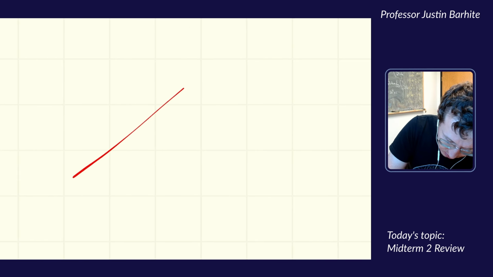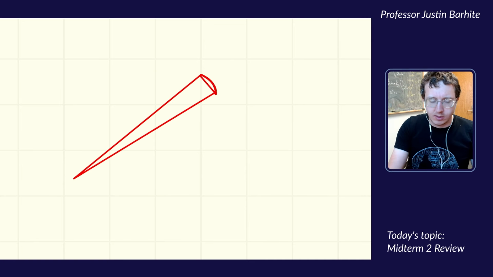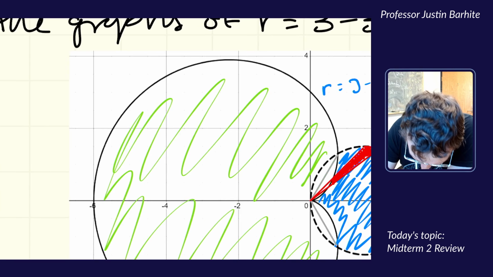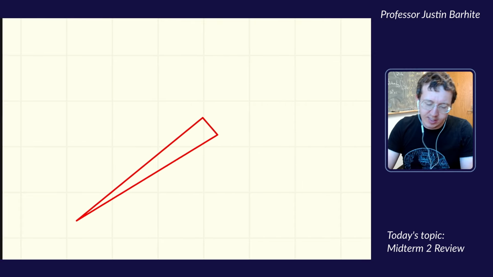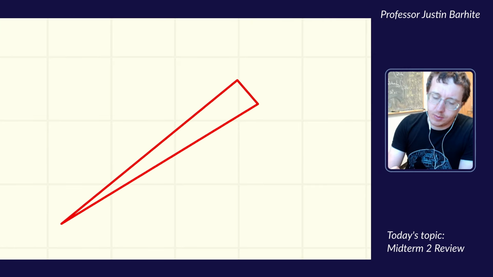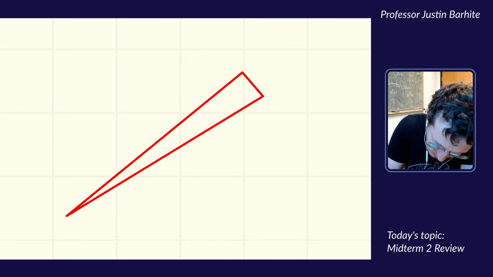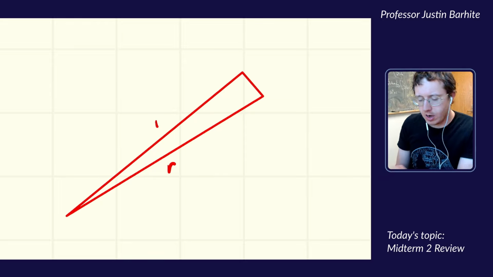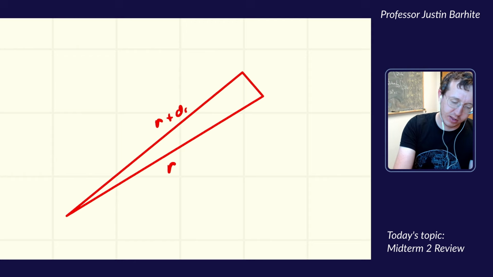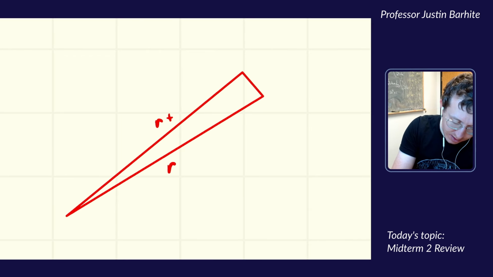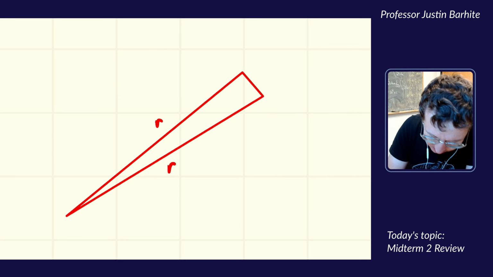Let me draw a bigger copy of that triangle, and you might object, it's not really a triangle because the outer portion there is curved, but when we're dealing with an infinitesimally small little sector here, it doesn't matter. So this is essentially R, this is R, and again, they're not quite the same. If we're being careful, we could call that R plus dr, but the point is dr is tiny. So I can just treat both sides as R, and then we have some angle theta.